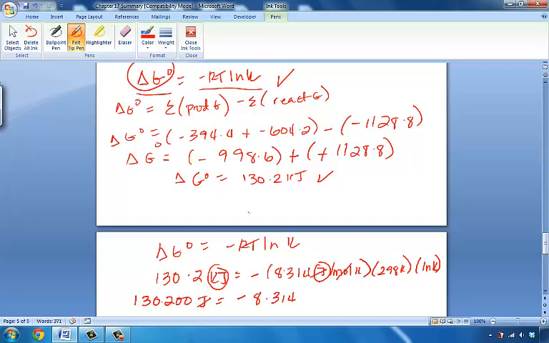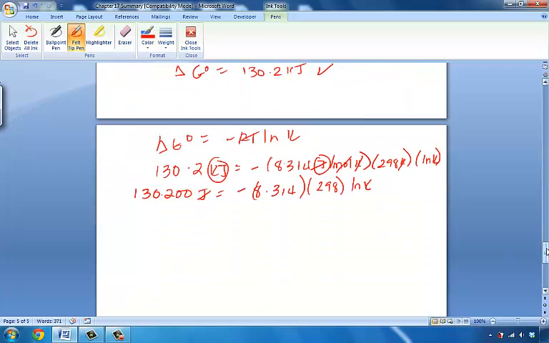Moles we've accounted for since we all had 1 mole, and then Kelvin and Kelvin eliminate one another. So there's our R value. Delta G naught equals negative RT ln of K. All right, let's start simplifying.